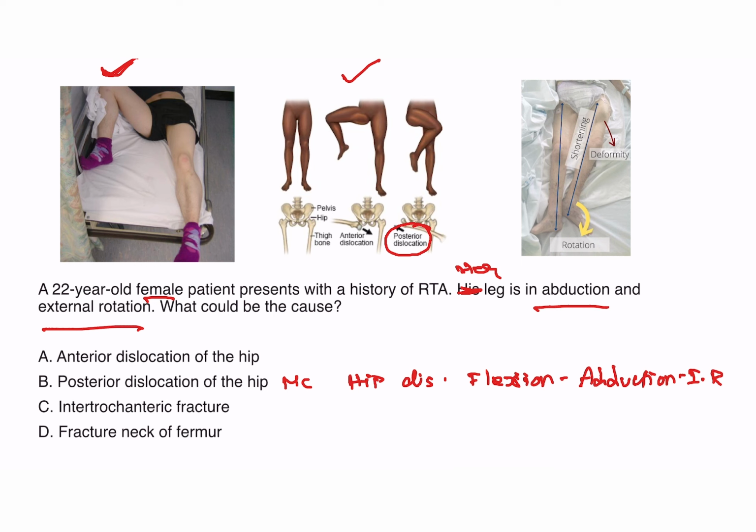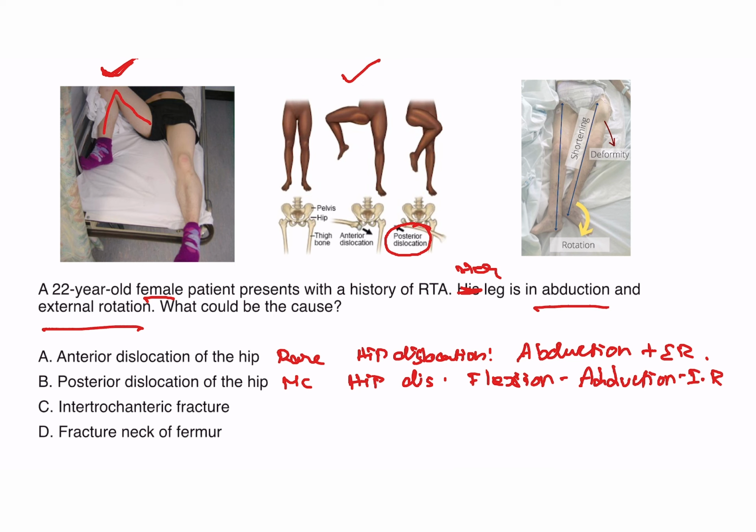But how would a patient with anterior dislocation of the hip present? That is a very rare type of hip dislocation, because it needs a tremendous force to dislocate a hip anteriorly, right? And the patient would present with abduction and external rotation, as in this picture. Can you see it is abducted and externally rotated? So that's how an anterior dislocation patient would present.